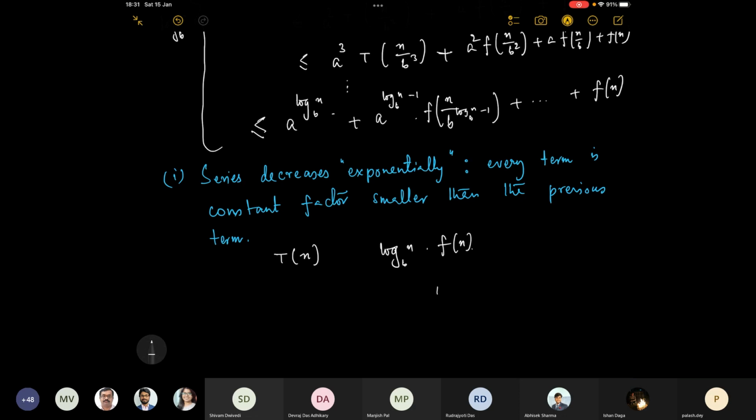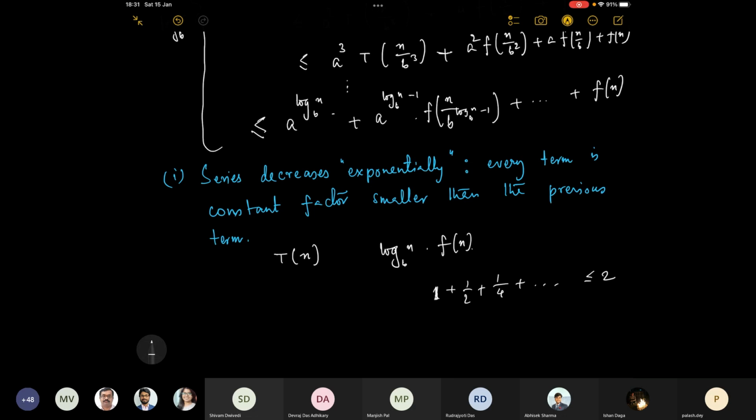Yeah, so 1, 1/2, 1/4, and so on. So what is the value of this sum? So 2. If it is finite, then less than or equal to 2.